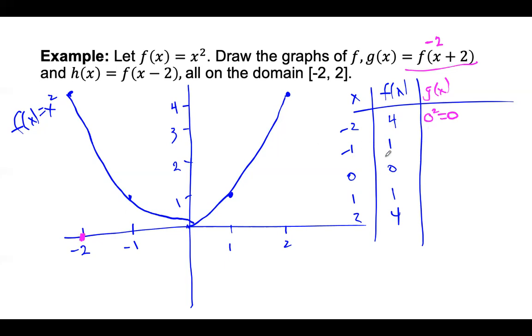Let's do the next one. At -1, you have -1 plus 2, so that's 1. And then you plug it in. That's 1 squared, which equals 1. So at -1, you get 1. At the next point, let's say 0, 0 plus 2 is 2. 2 squared is 4. And so on. So you get this graph.